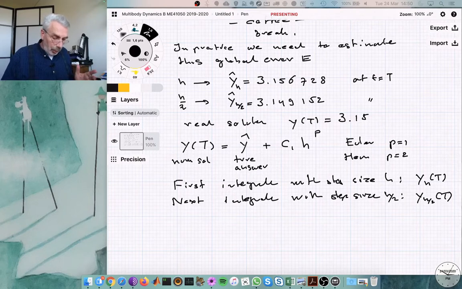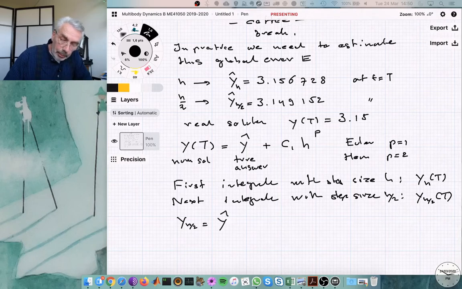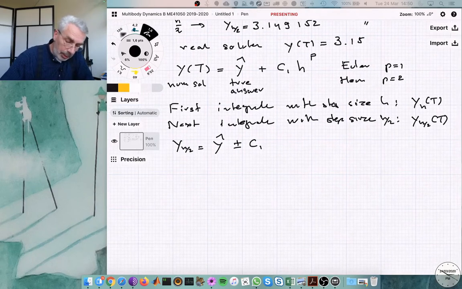Okay, then we have these two solutions. What can we say of them? Well, this y h is the true answer, plus or minus, because it's an error, so we don't know exactly, c1 times h to the power p. And the p is fixed. For Euler it's 1 and for Heun it's 2.